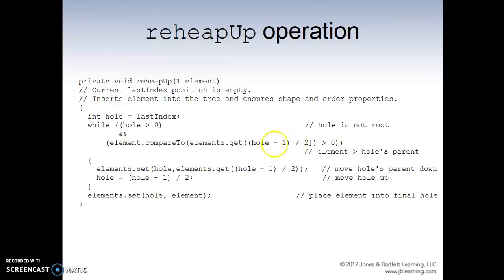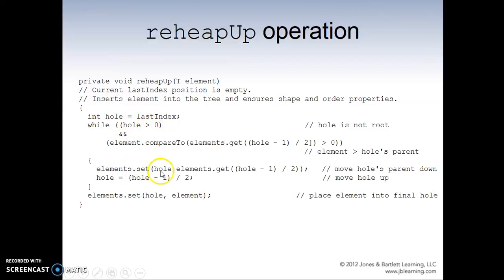In this case, if it is greater, it keeps moving the hole up. And also, it could reach the root. When it becomes the root, then that means the new element has to be set at the root. So that's why, based on these two conditions, hole has to be greater than 0.